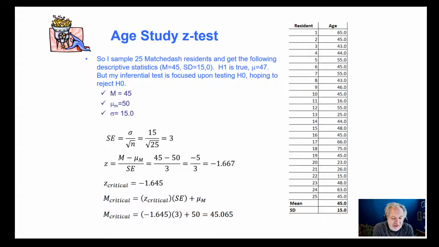If I apply that 45.065 to the alternate hypothesis distribution of sample means, how often would I reject the null? If the true population mean is actually 47, I should be rejecting the null more than 5% of the time, which is what's founded upon the null hypothesis being true.